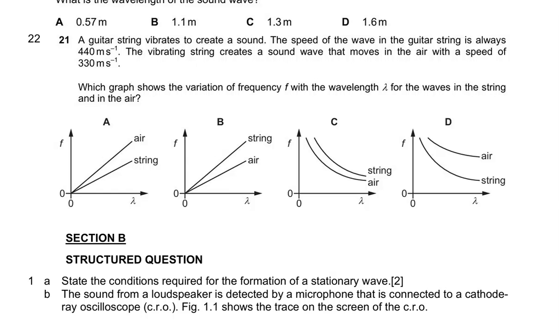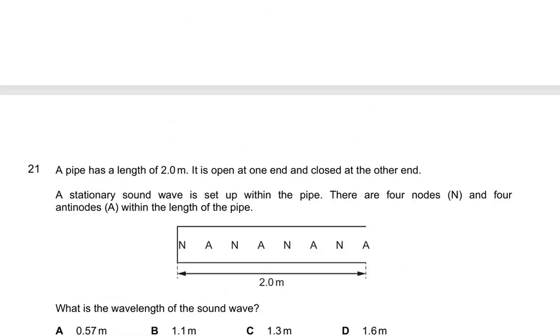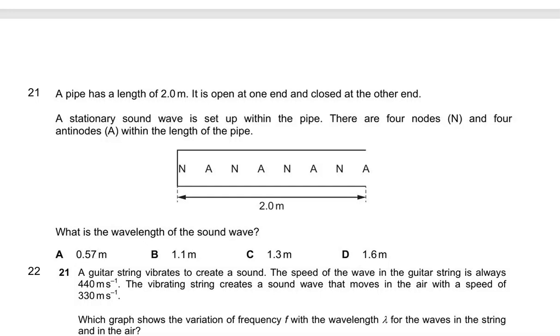Next, a pipe has a length of 2 meter. What is the wavelength of the sound? First, we calculate how many wavelengths are created here. So this is node, antinode, node, antinode. 1, 1 half, 1 plus 3 per 4 wavelength, and it equals 7 per 4 wavelength.